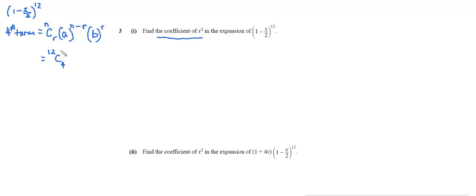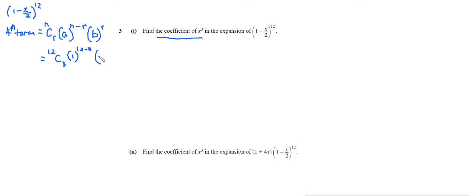Sorry, I made a mistake. For the 4th term, the r should always be one less. So this r is 3. A is actually 1, to the power of 12 minus 3.